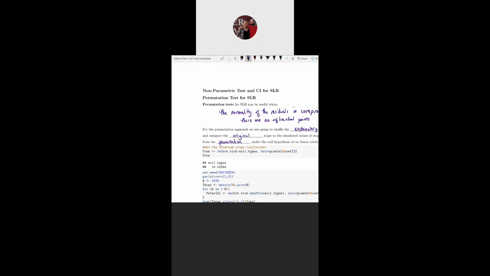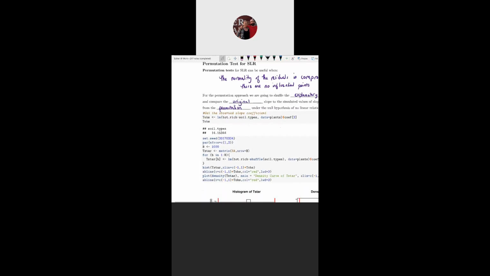Under the null hypothesis, there's no relationship between X and Y. So if there's no relationship there, it shouldn't matter which X values go with which Y values. So what we do is we hold the response values constant, and then we shuffle around the X values and reassign them to Y values, and then we recalculate our regression line. And that's where we're getting our permuted slope values from. So we do that a whole bunch.